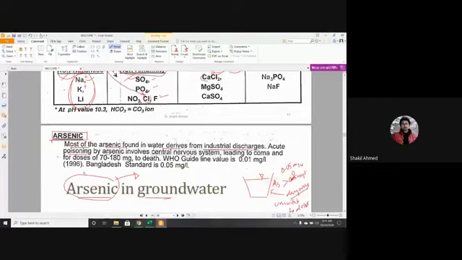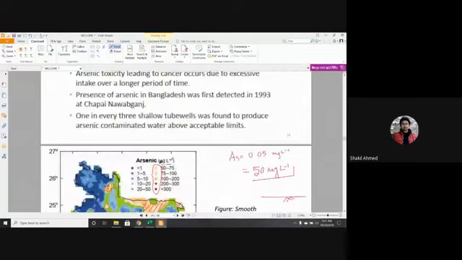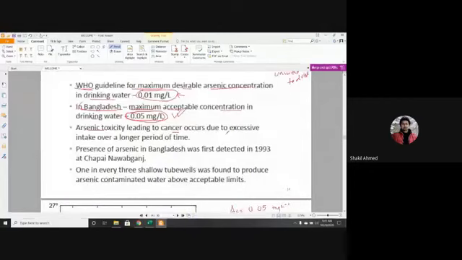It can damage your central nervous system, leading to coma and, for doses of 70 to 180 milligram, to death. WHO guideline value is 0.01 and Bangladesh standard is 0.05.